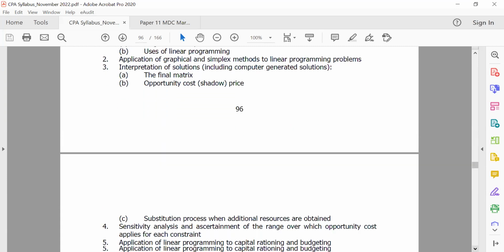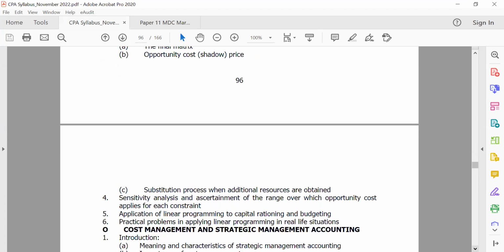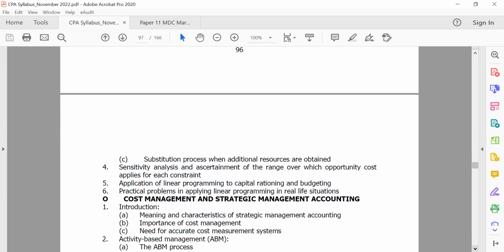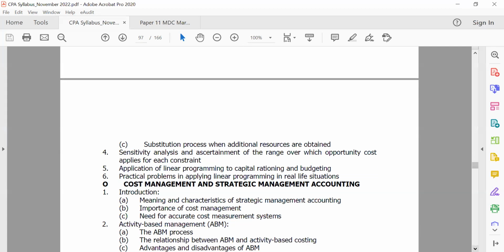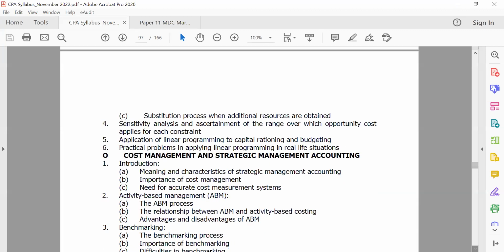Like I said, this paper is best passed by one thing: revision. Why? Because when you look at the text that we study, the examiner is not just going to pick something and ask you. Yes, there's an element of theory where the examiner will ask you to give some recent strategic management methodologies, or tell us about the ABC method or ABM process.